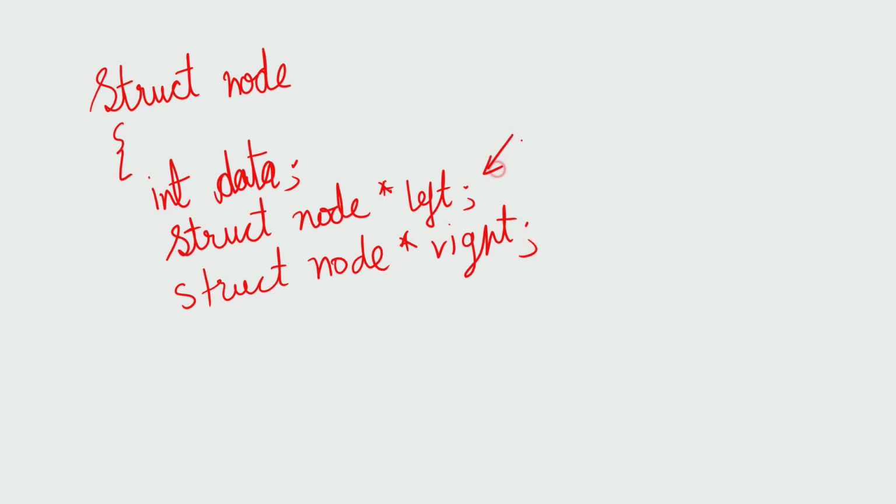This is the pointer to the left and this is the pointer to the right. Let me close my structure here. Now this is going to store a node. So this is a structure that is representing a node.